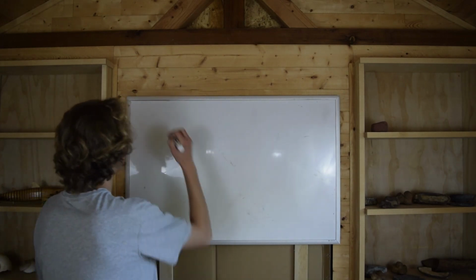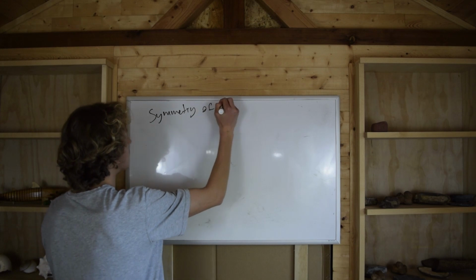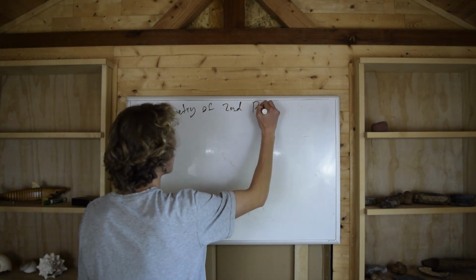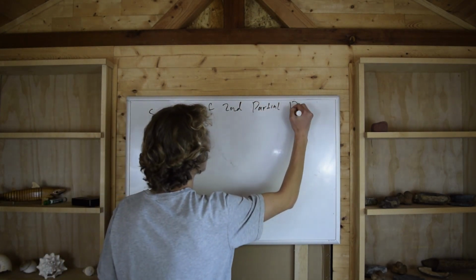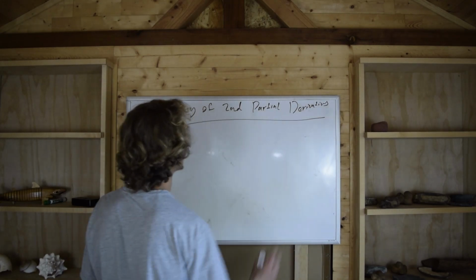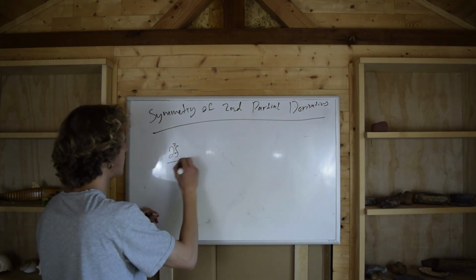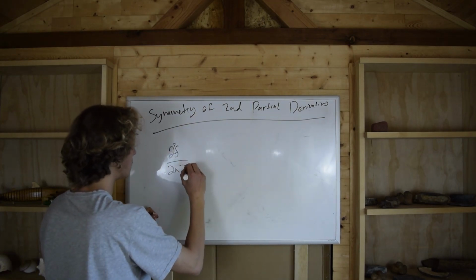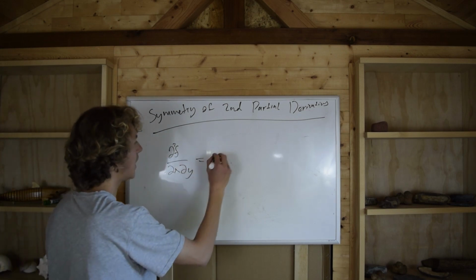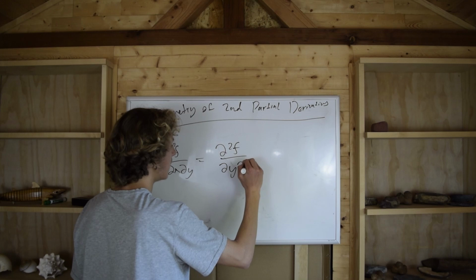So here, this is the phenomenon called the symmetry of second partial derivatives. Okay, so what this is saying is, if we have a function f and we differentiate it with respect to x then y, it achieves the same result as with respect to y then x.